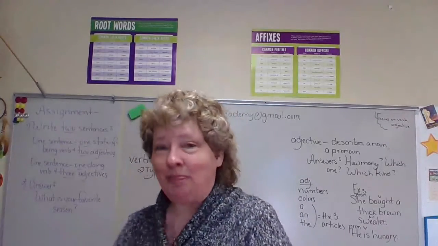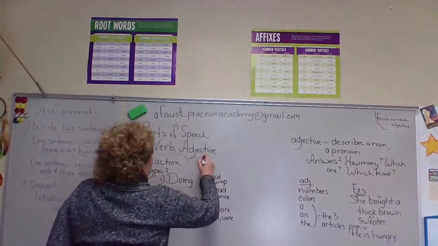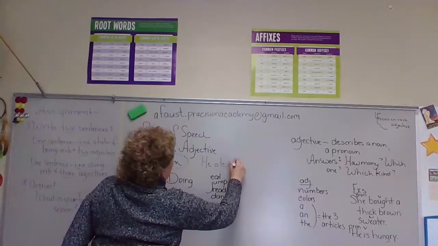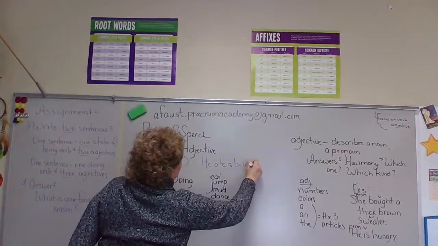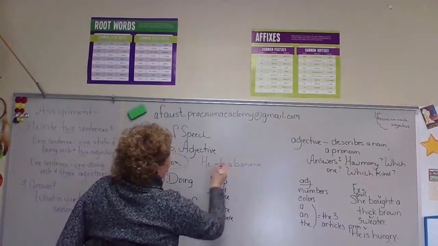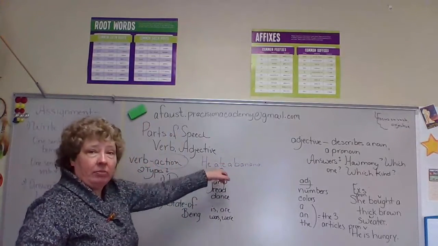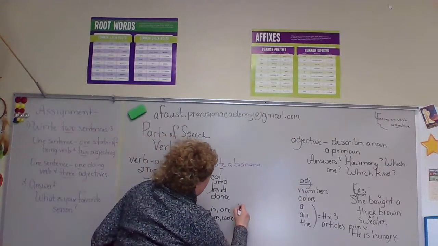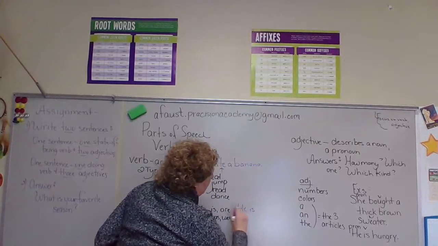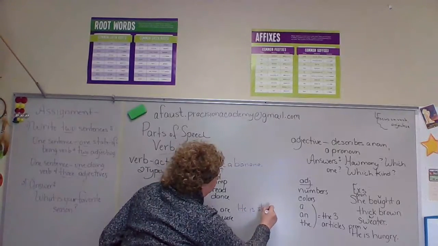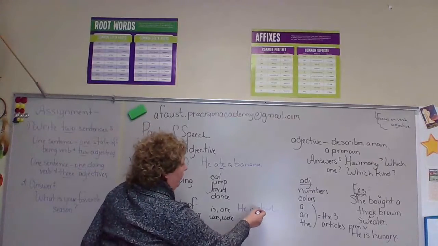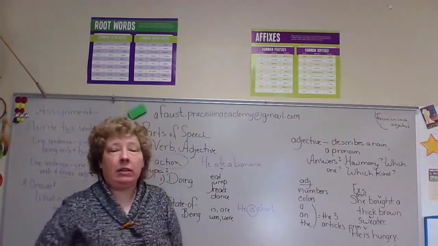So with the doing, we could say, I have my examples. He ate a banana. Correct? Action. Doing. Whereas here, he is short. Here's your verb, your state of being.